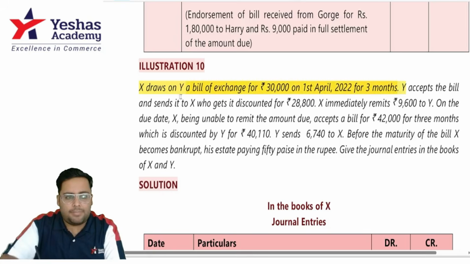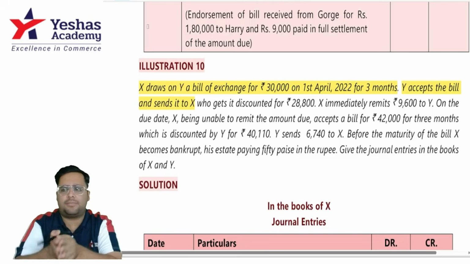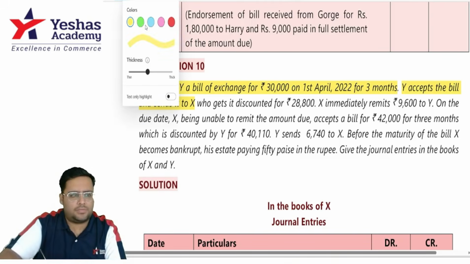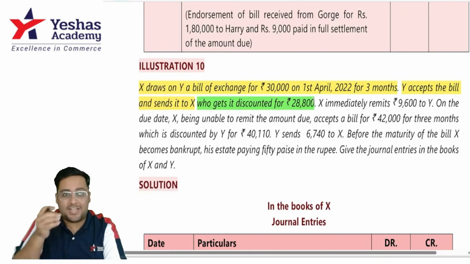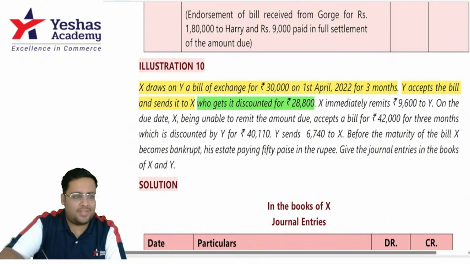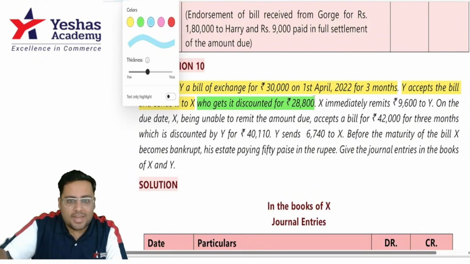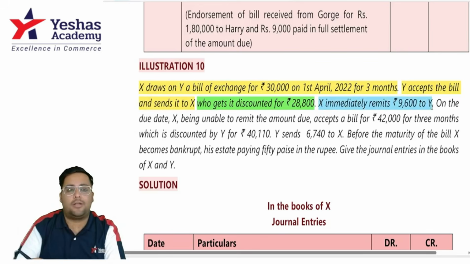Y accepts the bill and sends it to X. X draws a bill, Y accepts the bill and gives it back to X, who gets it discounted for 28,800. X went to the bank, got the bill discounted, and got some money from the bank. X immediately remits 9,600 to Y.